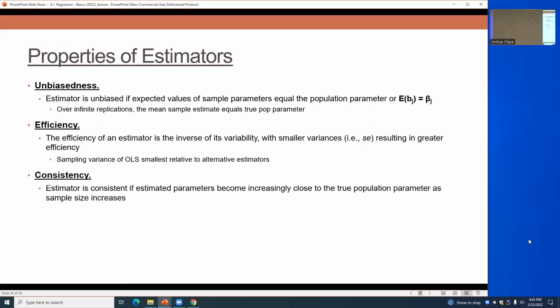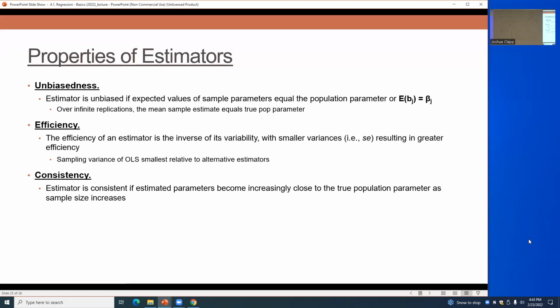Okay. We're also going to think about consistency in terms of estimators. Consistency happens if, as my sample size increases, my estimates get closer and closer, asymptotically close, to the actual population value. If I've got a consistent estimator, it means that I get an advantage of having a sample of 5,000 as opposed to 500, right?